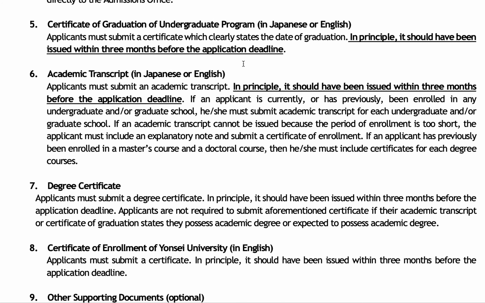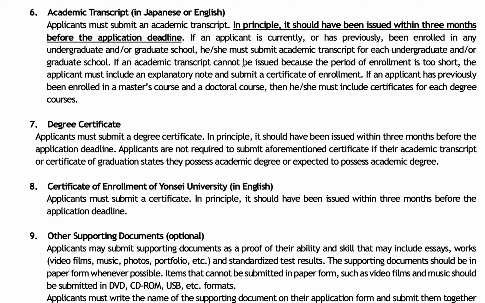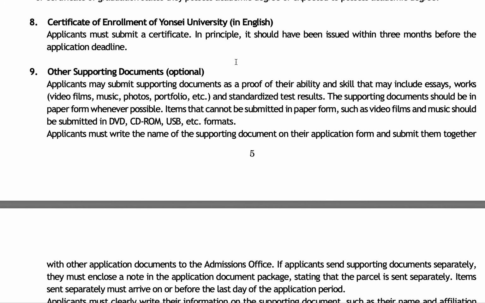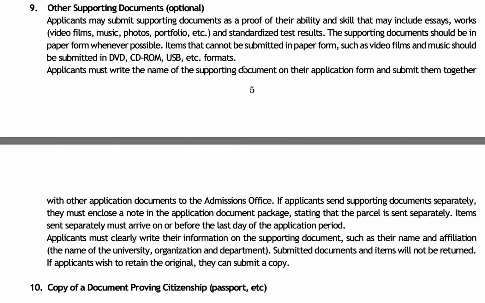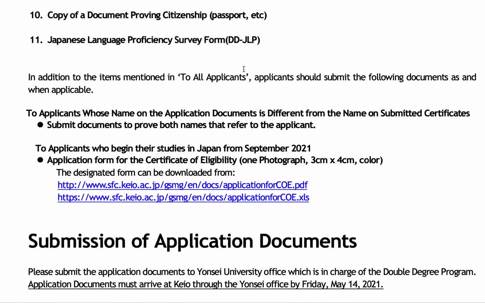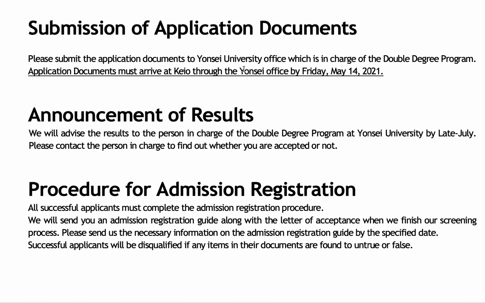And certificate for graduation of undergraduate program and academic transcript, degree certificate of enrollment of Yonsei University, other supporting documents, copy of a document providing citizenship or Japanese language proficiency survey form. The other documents are not that difficult to prepare.